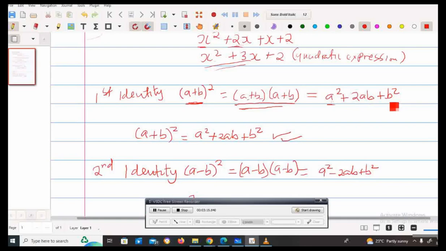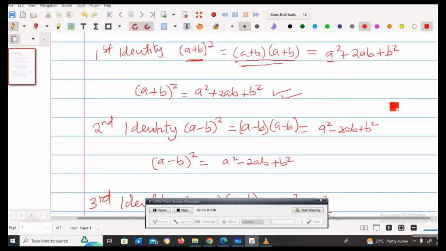This is what summarizes our first quadratic identity, a plus b squared. So you cut short that long process of expanding.